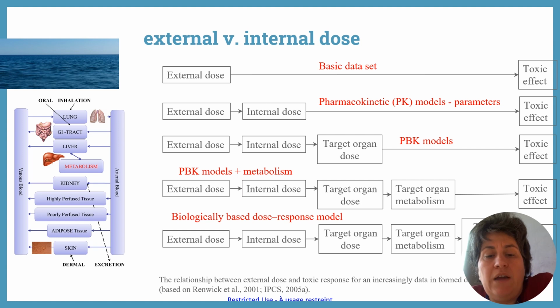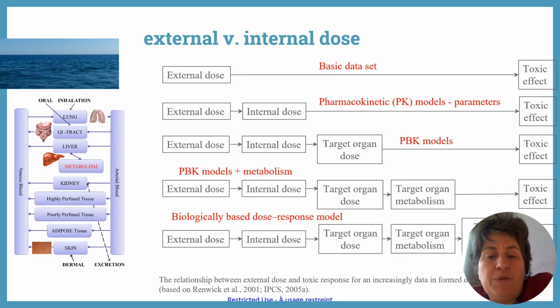So if we only have a basic data set, we can just go directly from external dose to a toxic effect. If we already have information about internal dose because we have a simple PBK model, or pharmacokinetic model, then we can already include more specific information on this chemical.